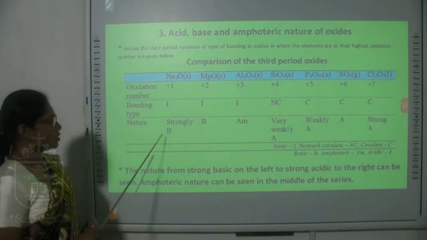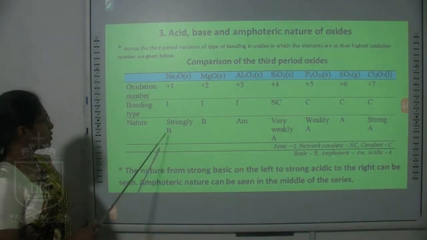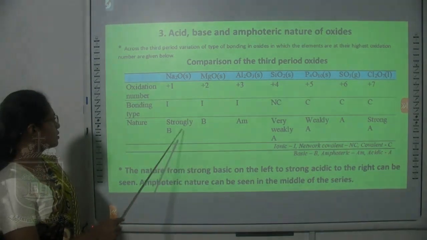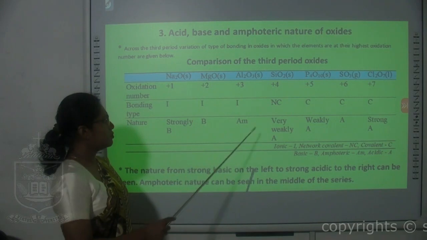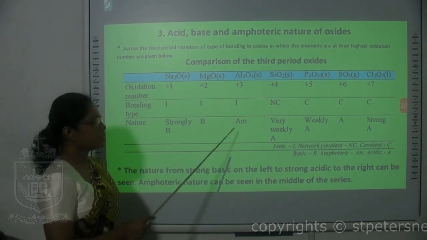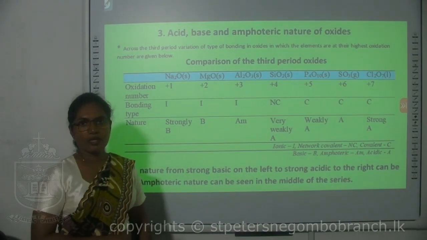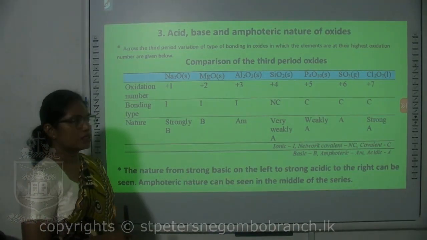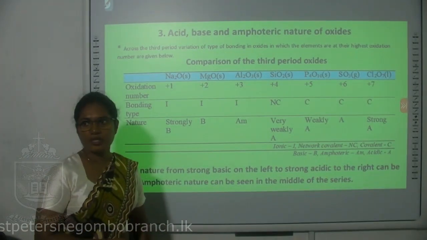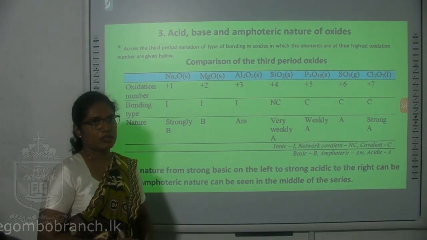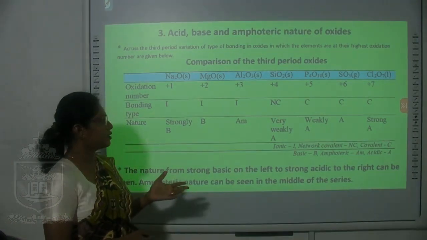Then, if we take the basic nature, the first two elements show the basic nature, and aluminum hydroxide shows the amphoteric nature. If you remember, when we studied group 13, we studied aluminum hydroxide. It shows the amphoteric nature, that means it shows both acidic and basic nature.